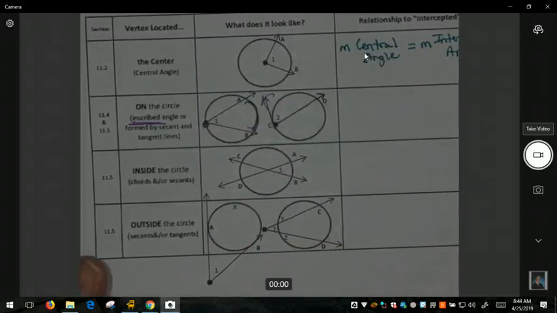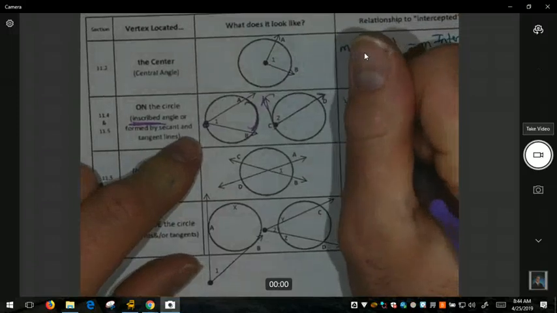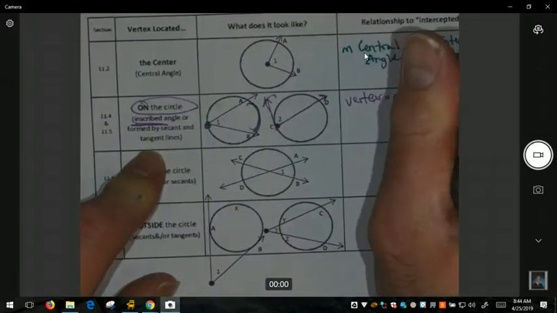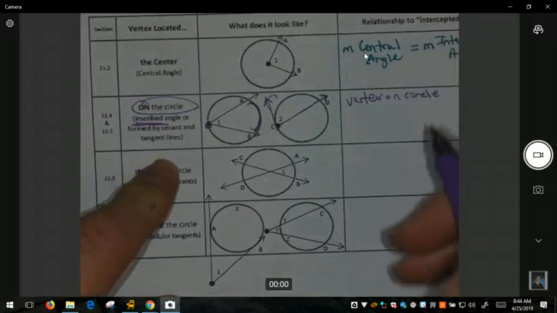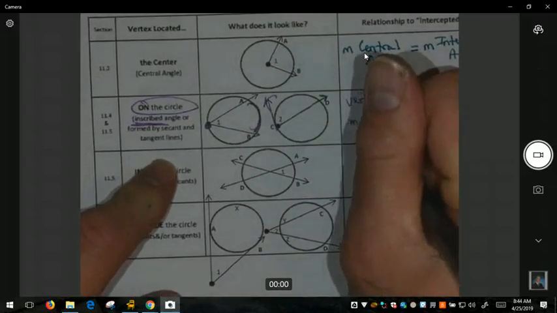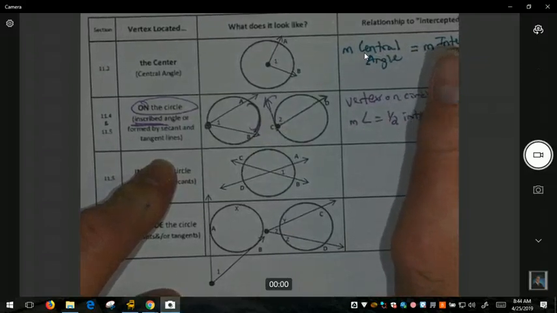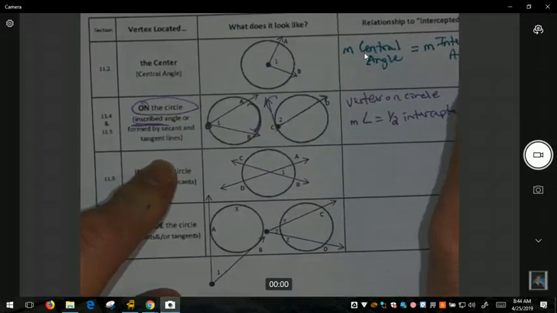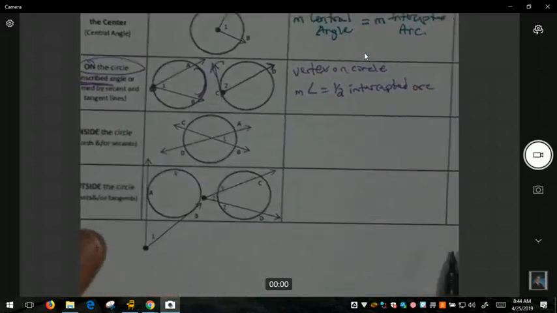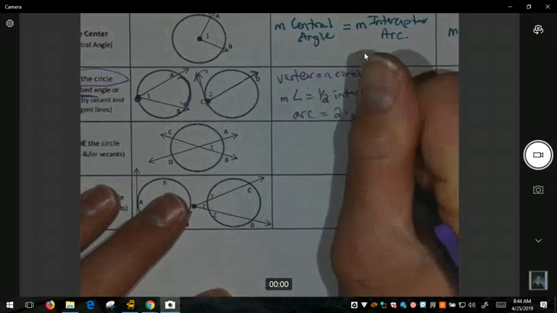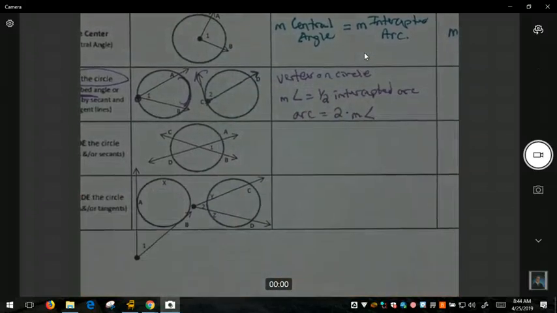Just like the inscribed angle, if the vertex is on the circle, the measure of the angle will be half of its intercepted arc. Or, conversely, the arc will equal 2 times the measure of the angle.